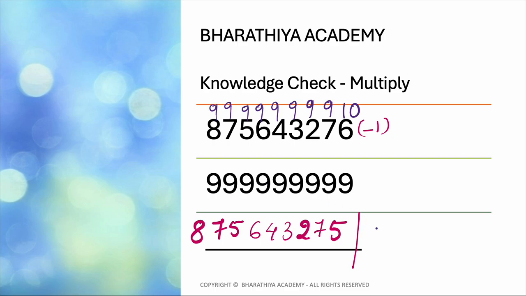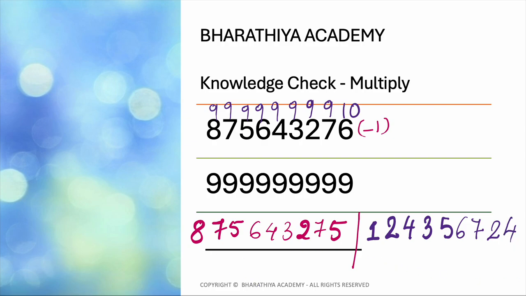So let's do that. 9 minus 8 is 1. Very good. 9 minus 7, 2. 9 minus 5, 4. 9 minus 6 is 3. 9 minus 4, 5. 9 minus 3, 6. 9 minus 2, 7. 9 minus 7, 2. 10 minus 6, 4. Perfect. So you got it right.